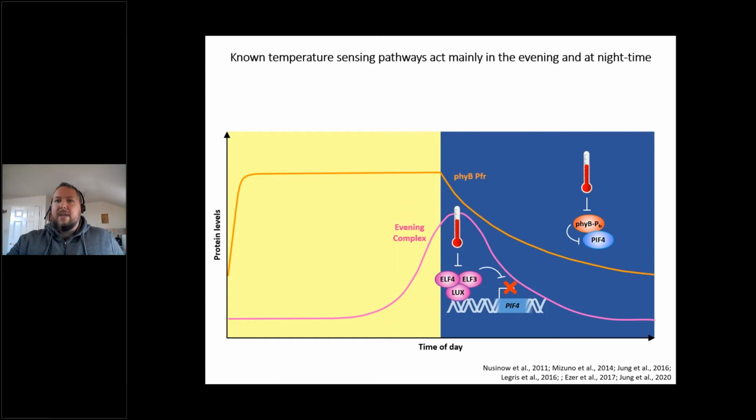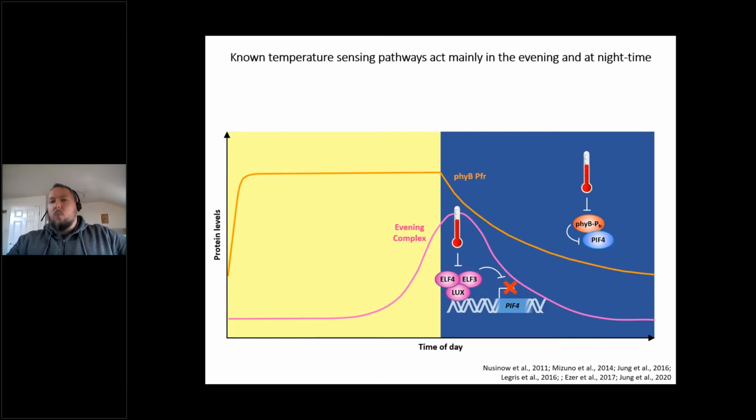You probably all know phytochromes as red and far red light photoreceptors, but phytochrome B specifically also functions as a thermosensor in Arabidopsis. During the day, most phytochrome is in its active Pfr conformation because it absorbs red light, which activates it. But then in the night, it slowly reverts back to its inactive Pr conformation. That process can be accelerated by warm temperatures, which is why it has also now been called thermal reversion rather than dark reversion.